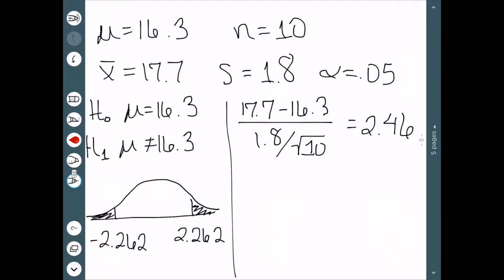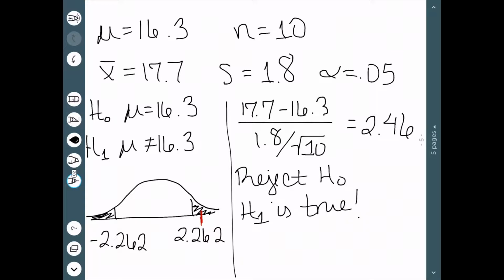Looking back at this picture, 2.46 is to the right of my critical value, so it's definitely in my rejection region. So we reject H0. H0 is false. That means H1 is true. So the medical examiner in this case was wrong. The mean is actually not 16.3.